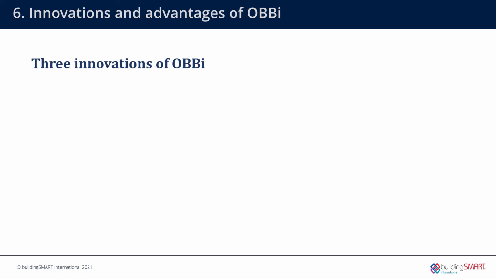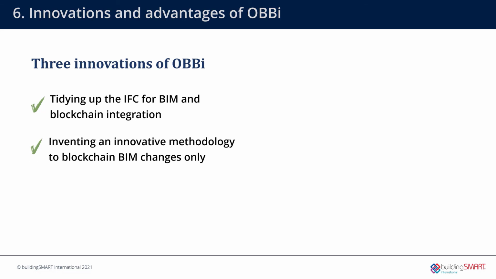With the integration of openBIM and blockchain, our OB solution has three main innovations. The first and most important one is that OB tied up the IFC for BIM and blockchain integration. We don't need to store, transfer, and restore large BIM files, but just their changes between different versions using IFC. This relates to the second innovation.